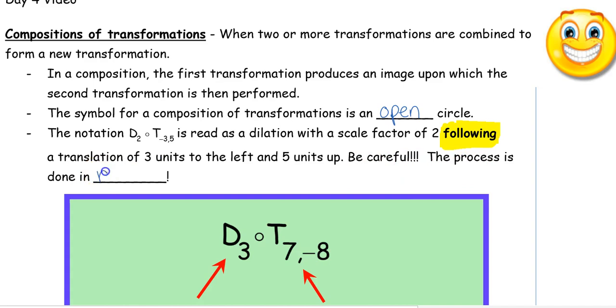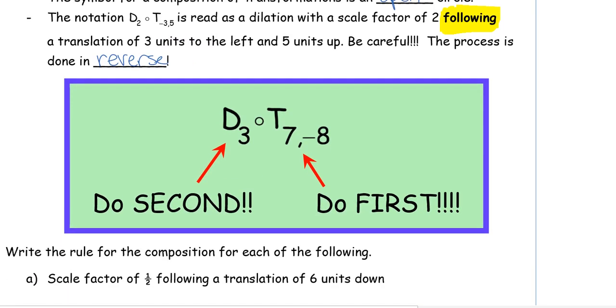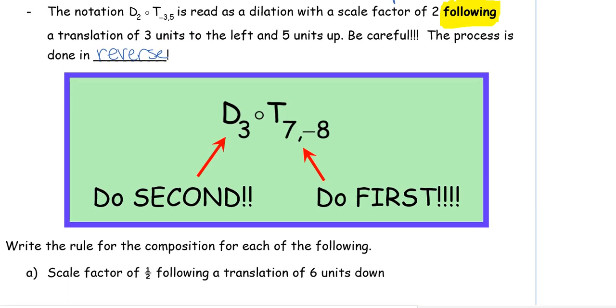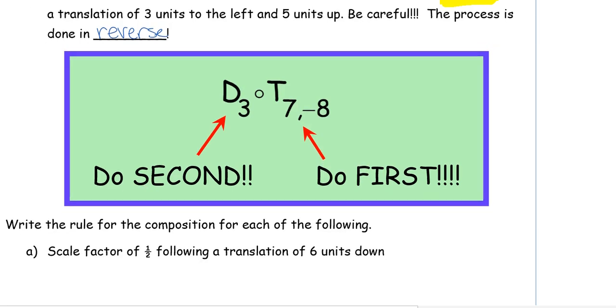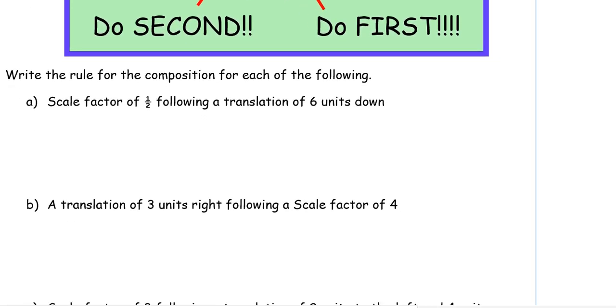The process is done in reverse because the dilation follows the translation. So when I do this, I have to do the translation first and the dilation second. This is by far the most confusing part of it. A dilation follows a translation. So I translate first and then I dilate. Very important.